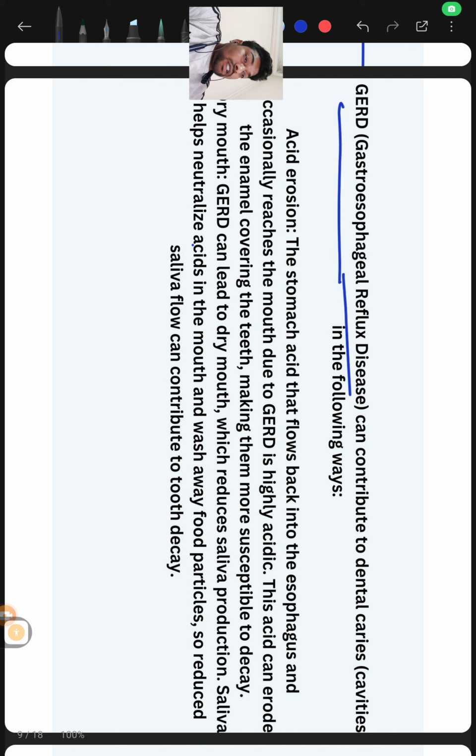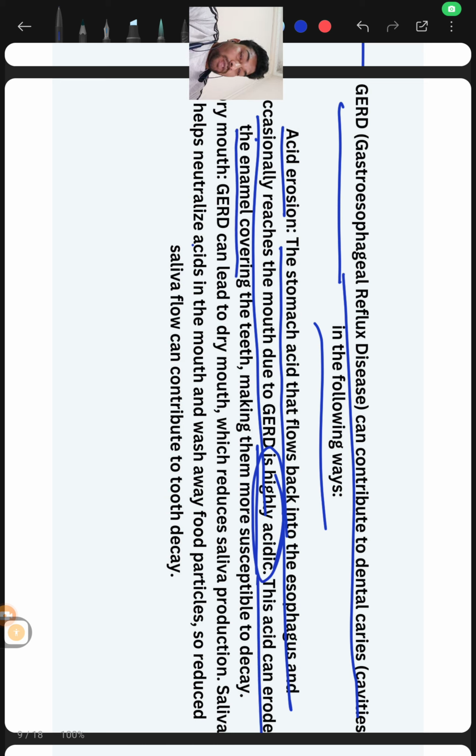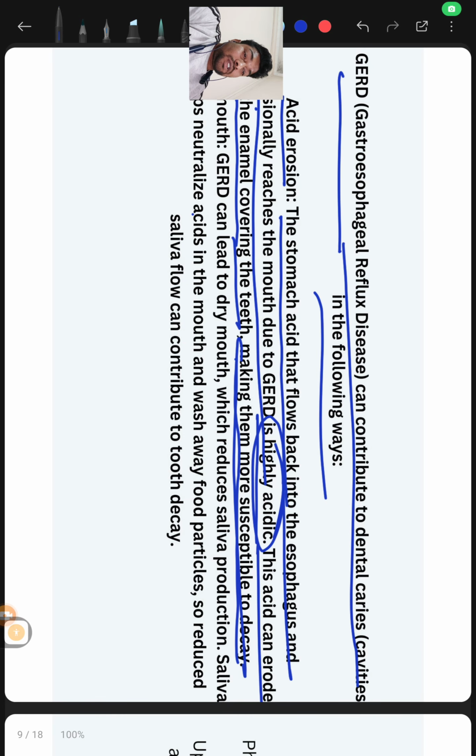Now GERD leads to problems in the teeth, due to acid erosion. The stomach acids that flow into the esophagus and occasionally reach the mouth due to GERD are highly acidic, okay, and these acids erode the enamel, that is the uppermost covering of the teeth, making them more susceptible to decay, okay.